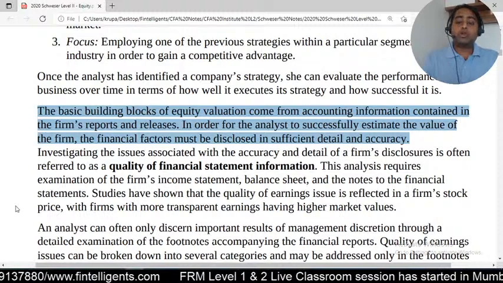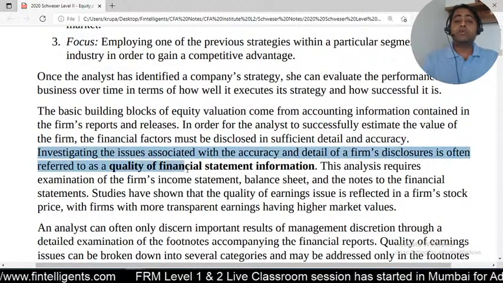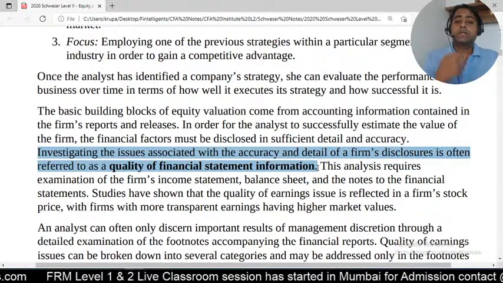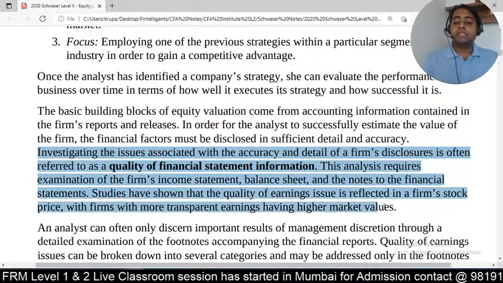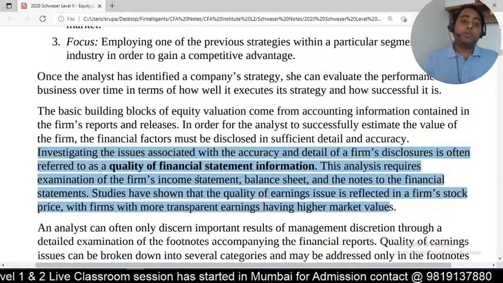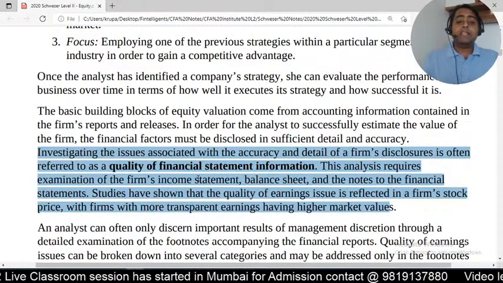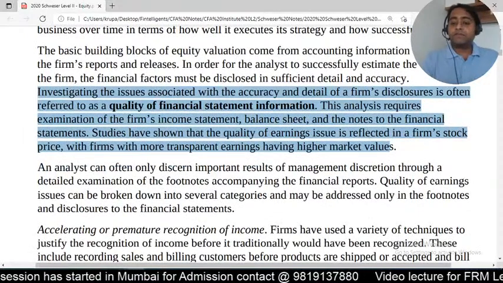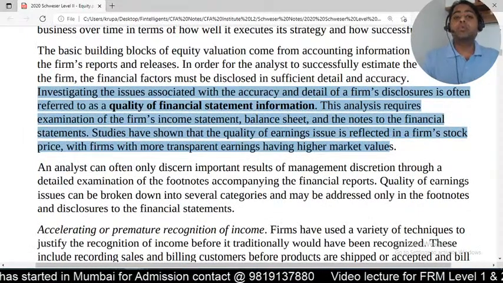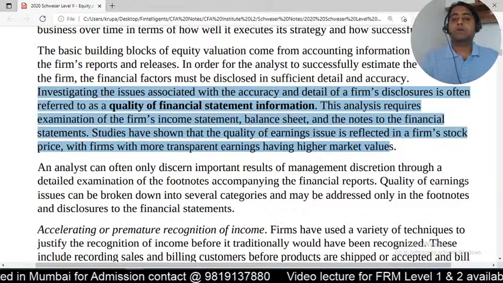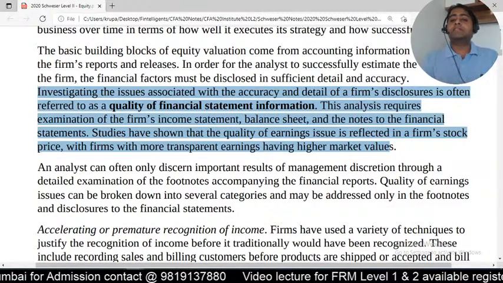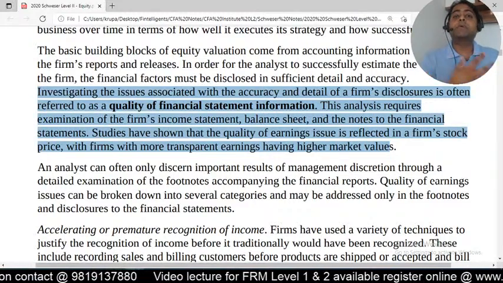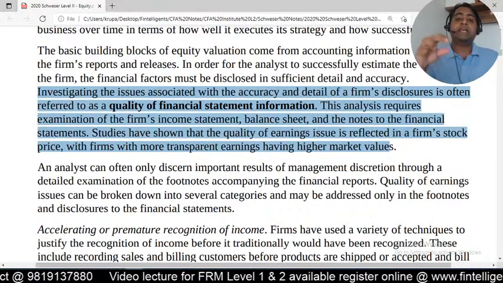Now, suppose you're not confident, okay, then obviously you'll have to put in more effort to identify those undisclosed things. You will have to go into the details of the earnings, details of the cash flow, details of the balance sheet. So that will lead to a more time consuming process, that will lead to more effort from your side to understand what is the true nature or true price of the stock. Okay, that is why the quality of financial statement information becomes very important for you as an equity analyst. Read that entire paragraph which is highlighted on the screen.